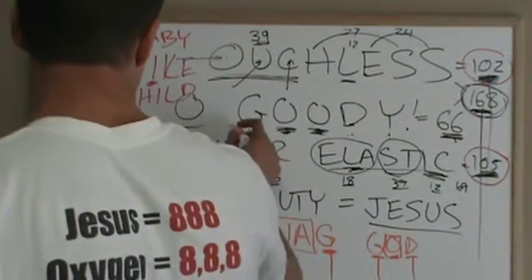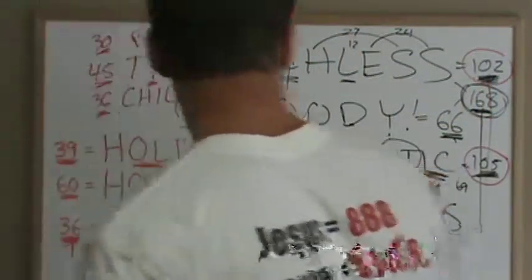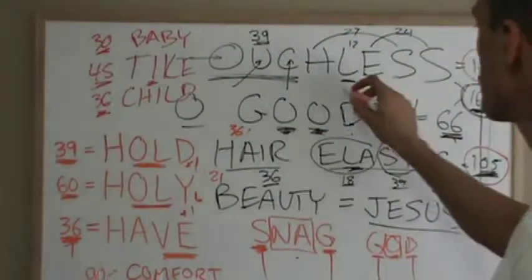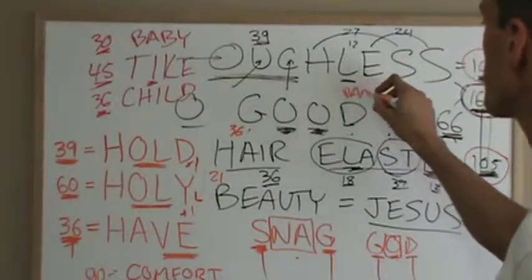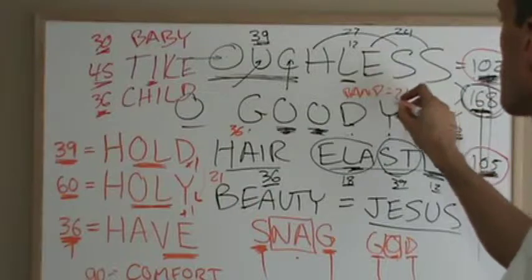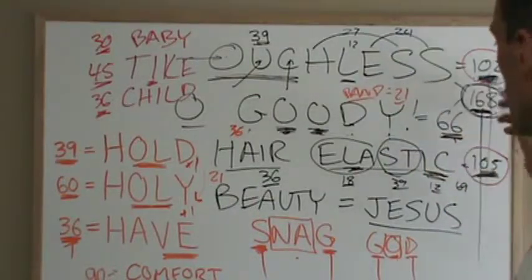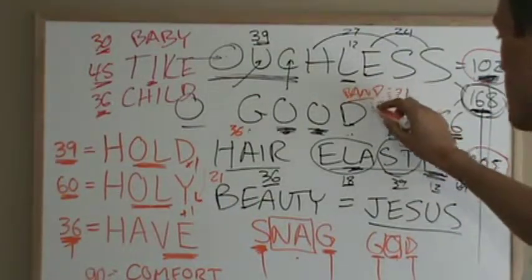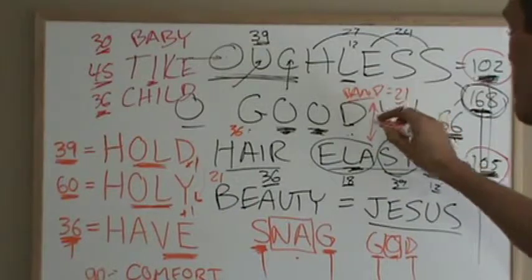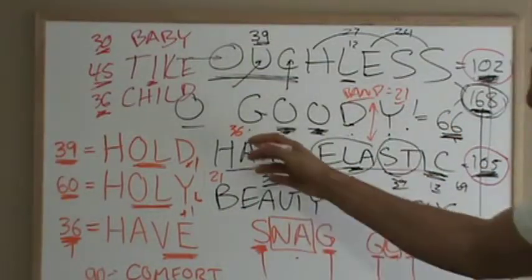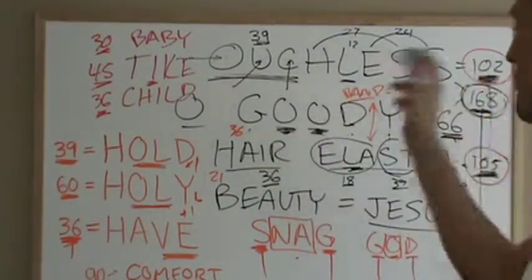Remember hair was 36 divided by 3. You know, elastic divides by 3, 69. Band, sometimes you can call it an elastic band. So band equals 21. Add that together with elastic, you get 90 perfectly. So an elastic band is 90, just like comfort. And hair band would then be 57.